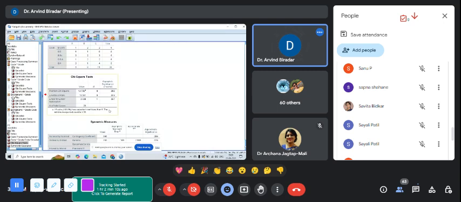Now, degree of freedom 8. Then significance value is 0.089. So, what is your opinion about that? Which is greater than 0.05?